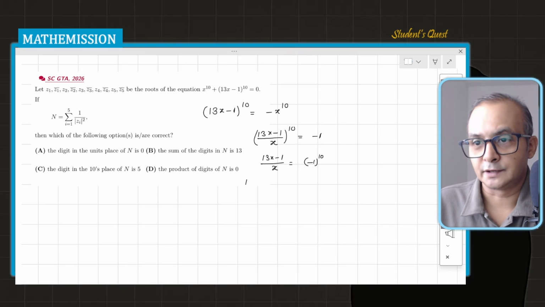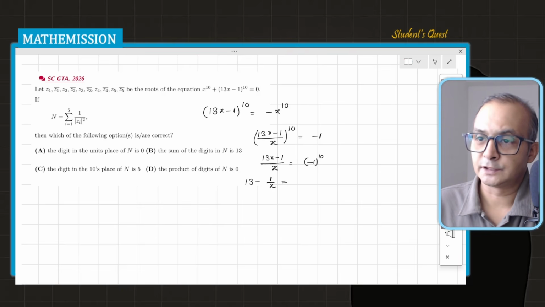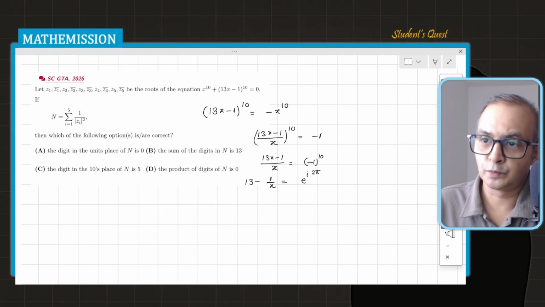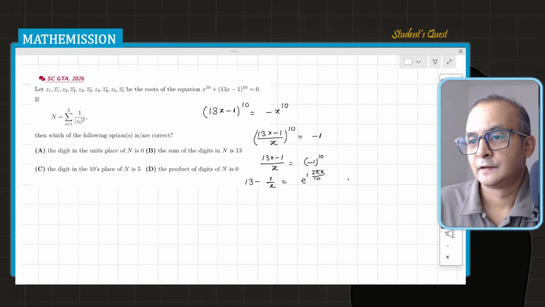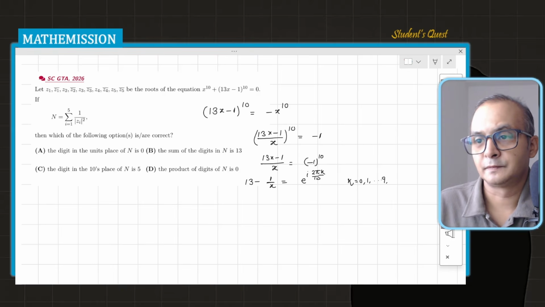So I can write directly 13 minus 1 by x is equal to e to the power i 2 pi k by 10, where k starts from 0 and goes up to 9.